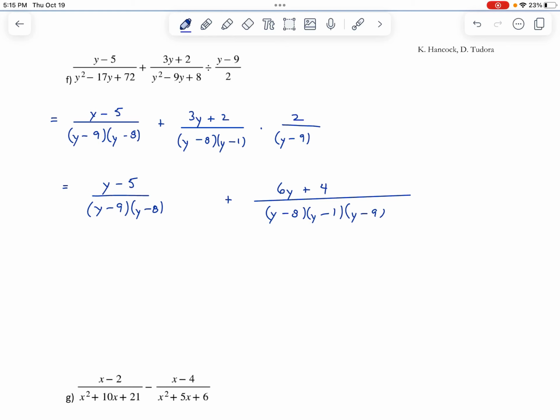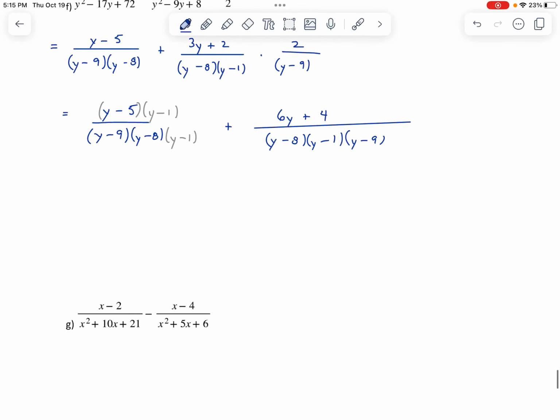And now I need to add. For adding, I need a common denominator. First I factor. Well, I already factored. I need to multiply by the missing factor. Well, this is y minus 5, and I'm going to multiply it by y minus 1 so that the bottoms of these fractions match. Now, the bottom I do not expand.